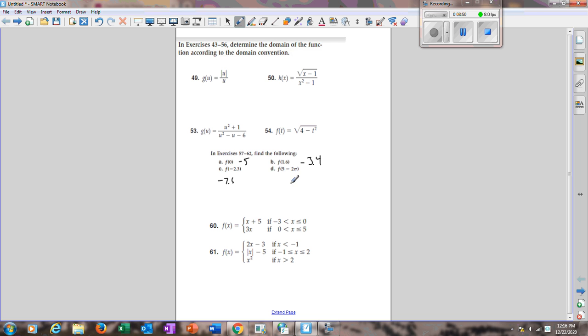Lastly is part D. So we said this is about negative 1.28. So that would go into here as well. 2 times negative 1.28 would give me negative 2.56. Minus 3 would give me negative 5.56.